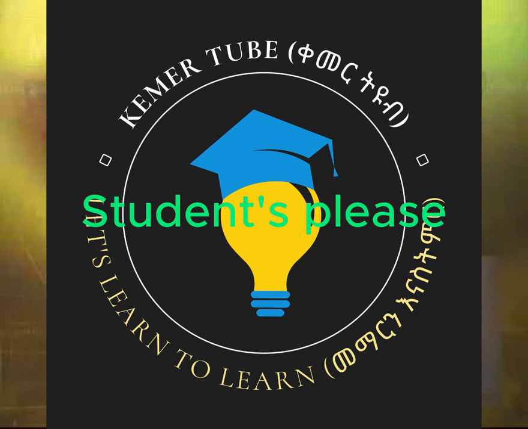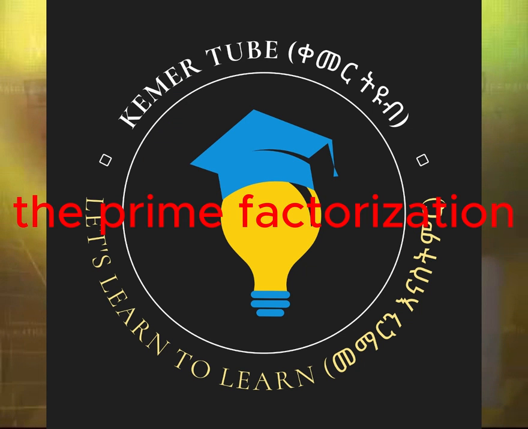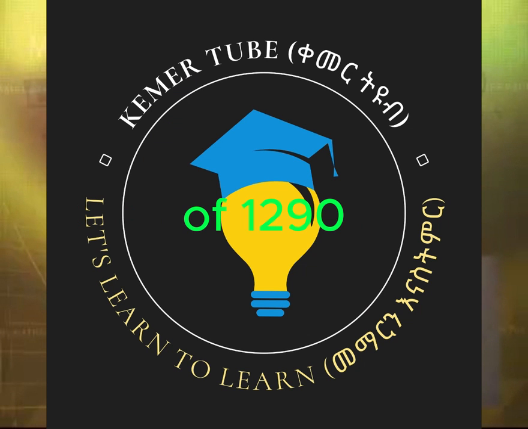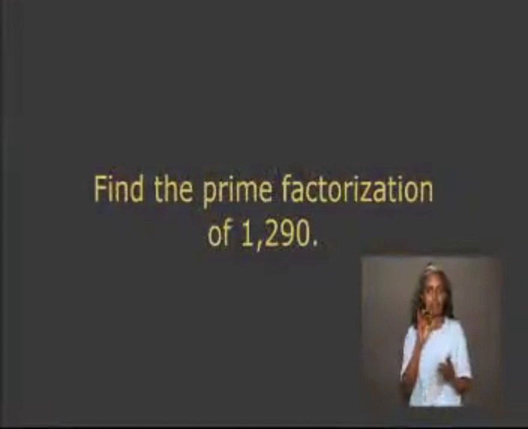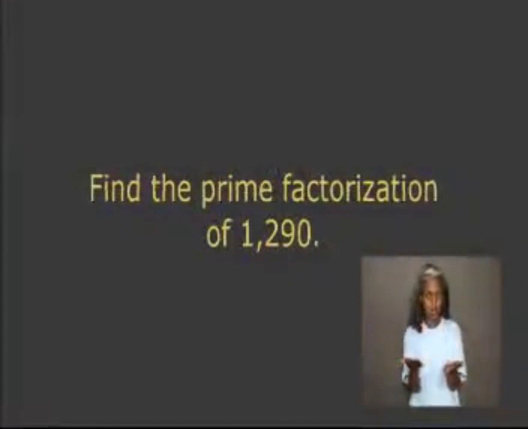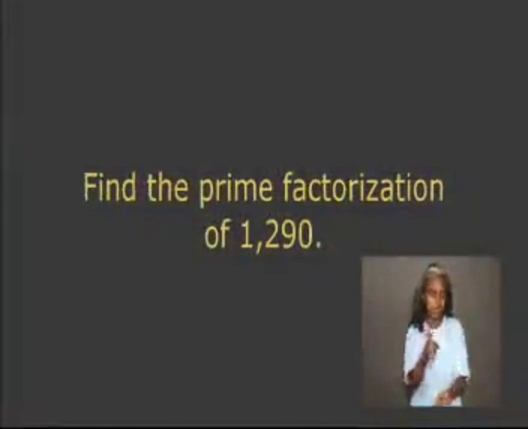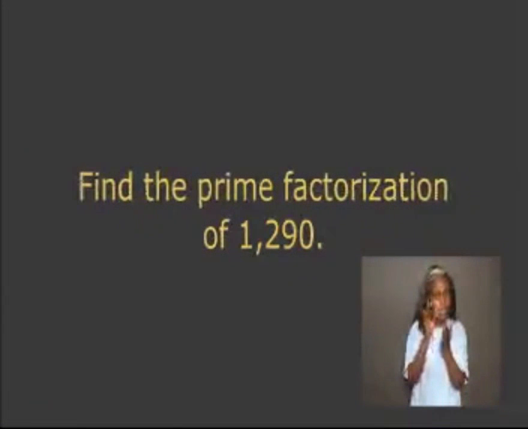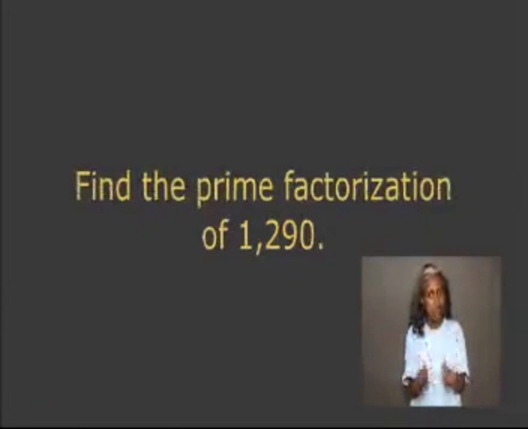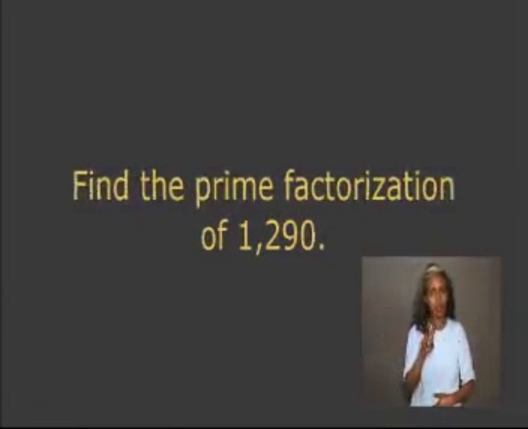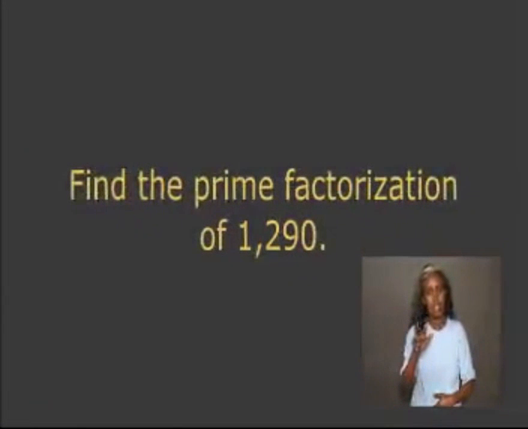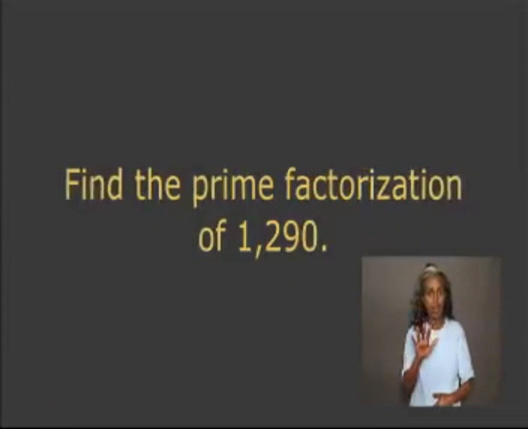Students, please find the prime factorization of 1,290. Page 4 of your textbook has a list of rules that can help you determine whether a number is divisible by 2, 3, 4, 5, and so on.